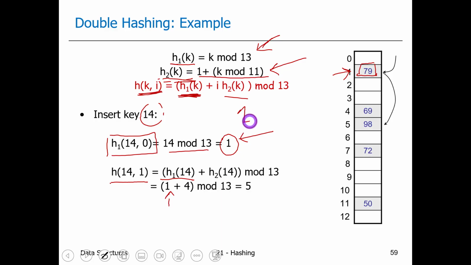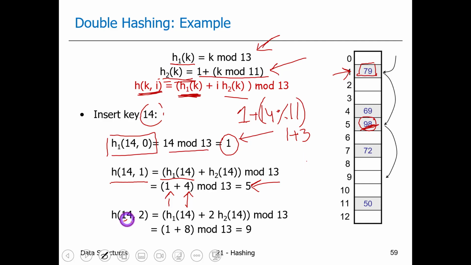So 1 plus 14 mod 11. 14 mod 11 gives you 3. So 1 plus 3 becomes 4. Simply solve it. It's not that difficult. So 4 is written over here. 1 plus 4 gives you 5. 5 mod 13 gives you 5. And you see there is something already present at 5 as well. So again a collision has occurred. That means we have to move to h(14, 2).